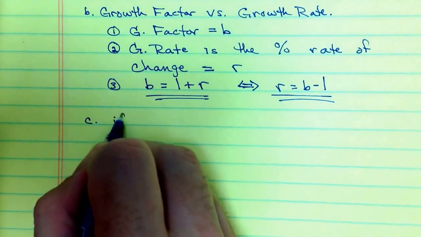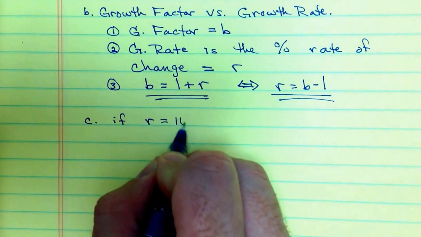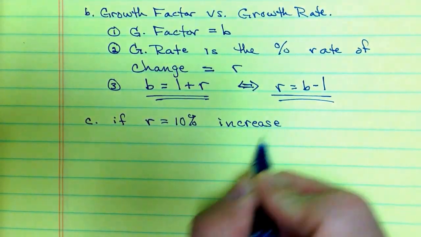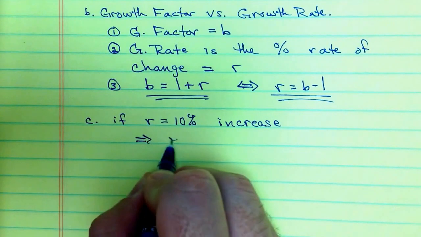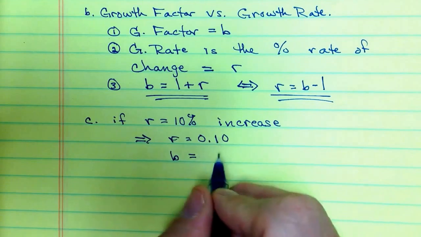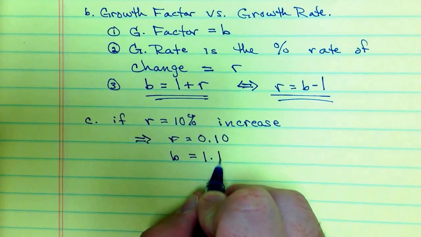So if r equals a 10% increase, then r equals 0.10. So b would be 1 plus this, which is 1.10.